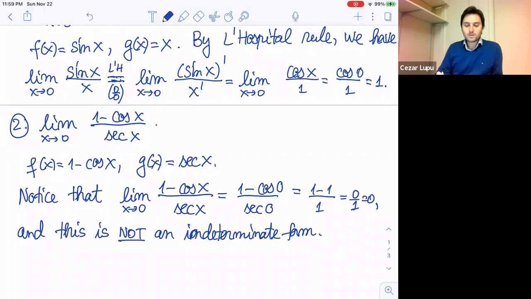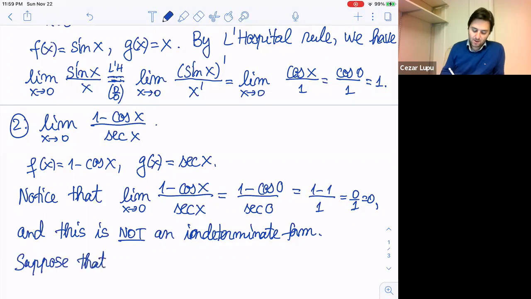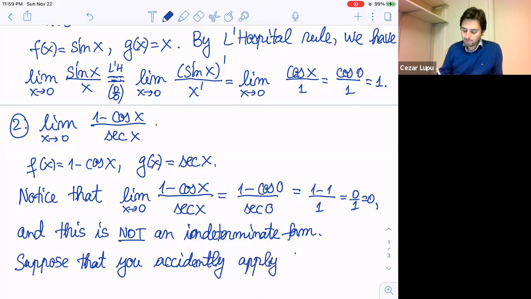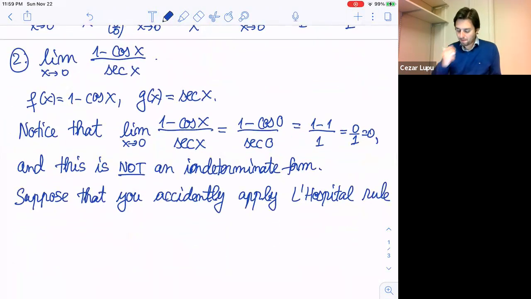But now, suppose you accidentally apply L'Hopital rule. I'd like to see what happens.